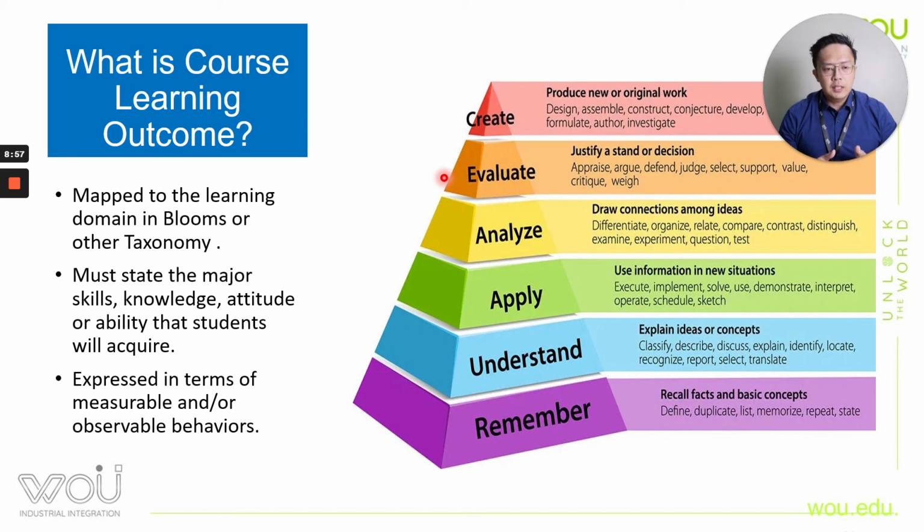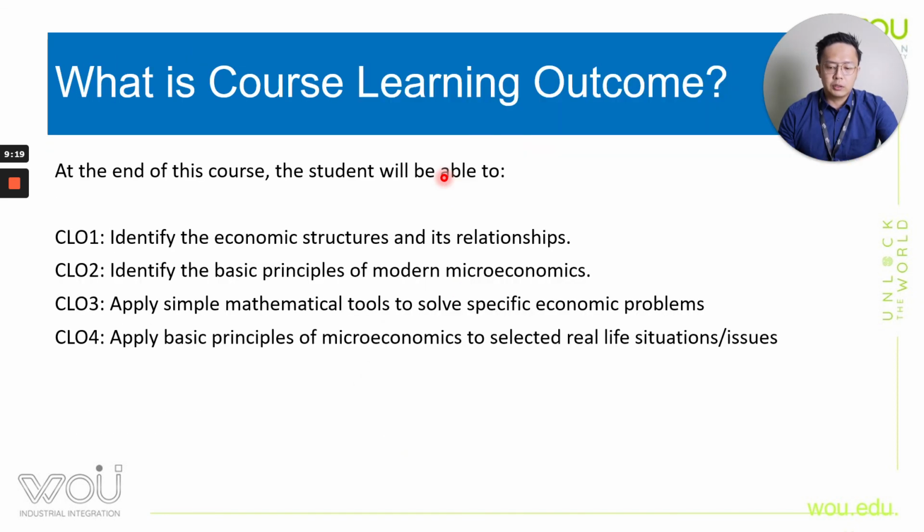However, when you come to course learning outcome, this is not allowed. You have to use something measurable, so that all your course learning outcomes can be demonstrated and measured by your assessment strategy, to prove that the students have actually attained the performance that you have expected for that particular course.